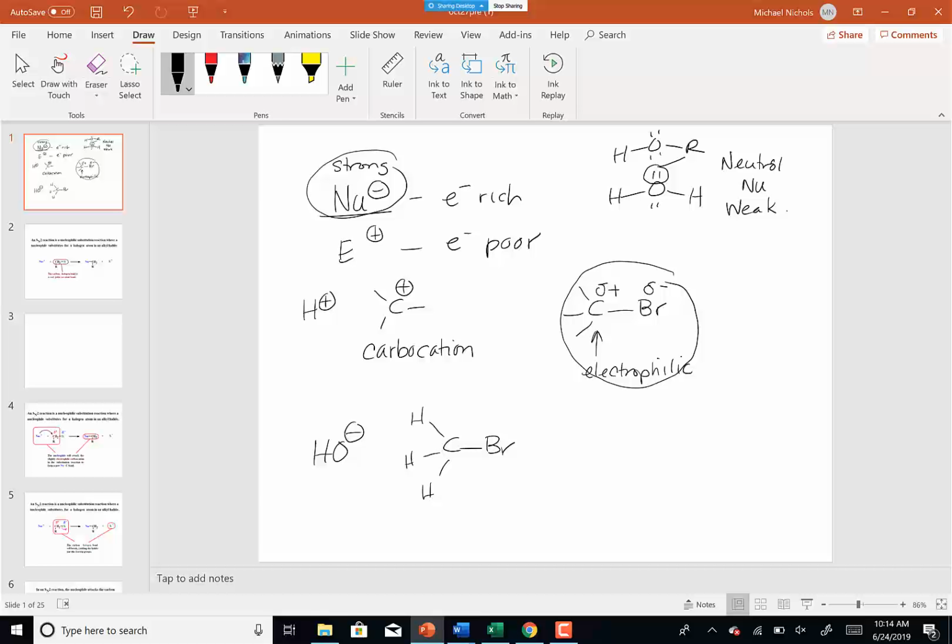What's going to happen is that this carbon is slightly positive, and that bromine is slightly negative. The pair of electrons on the oxygen that's giving it the negative charge is going to come in, and I'm going to form a bond between that oxygen and that carbon.